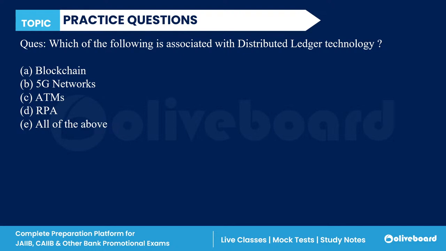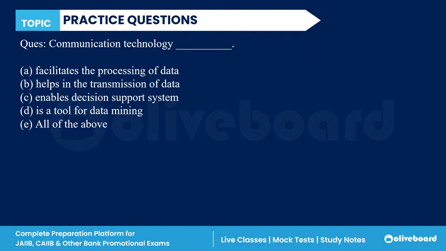There were various questions on distributed ledger technology in the previous exam cycle, so this topic is again very important for all of you. Which of the following is associated with DLT? It is blockchain. A is the correct answer. No, not E, Hema. It is A. Blockchain is the correct answer.